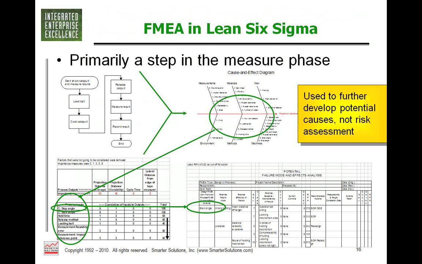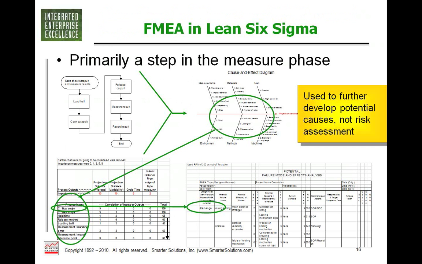From that we can do a prioritization on a cause and effect matrix, and from that we can build an FMEA. So those items that we have listed on the cause and effect matrix can become the items on the left-hand side of the FMEA matrix that we'll be working on. Now that's one way of doing it.